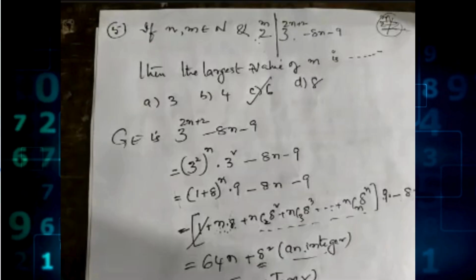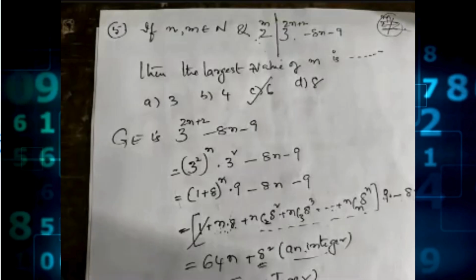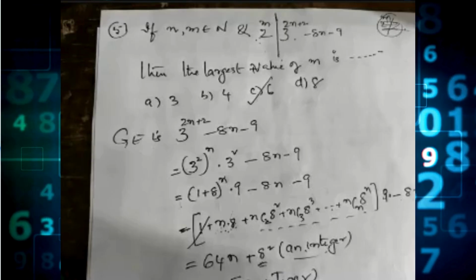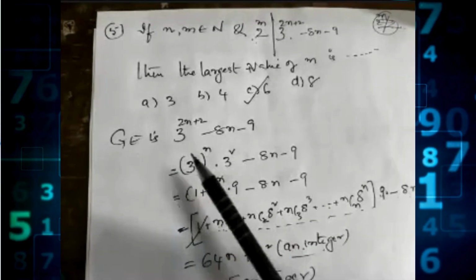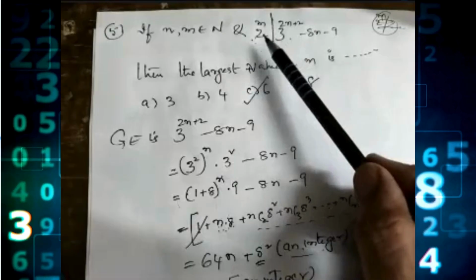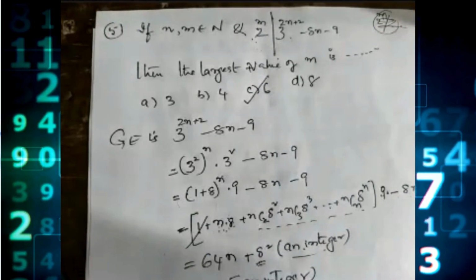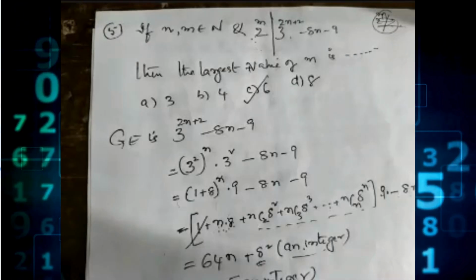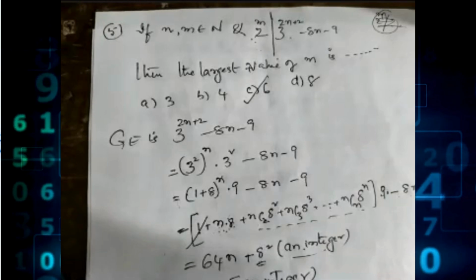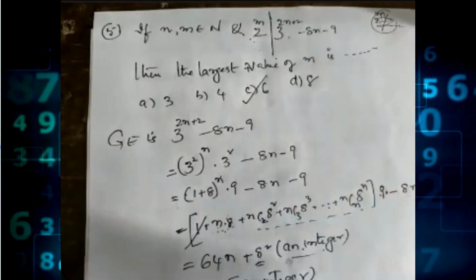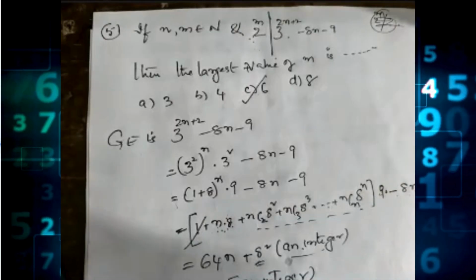Who told you to write this as 3 square whole power n? We want 2 power m, so you should try to get 2 square, which is 4, 2 cube, which is 8, 2 power 4, which is 16, like that. 3 square is very near to 8, that is the reason why I planned to do like that.